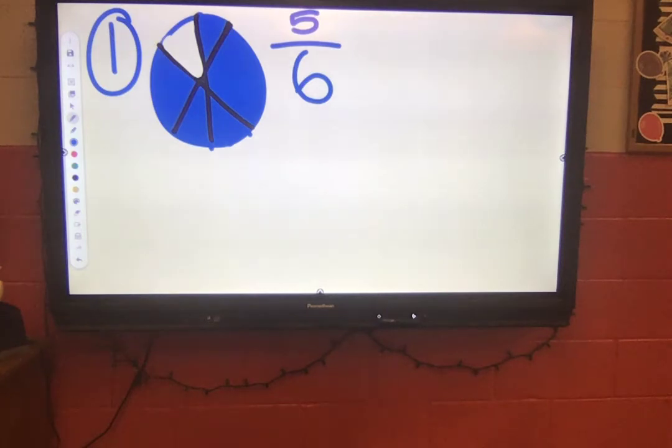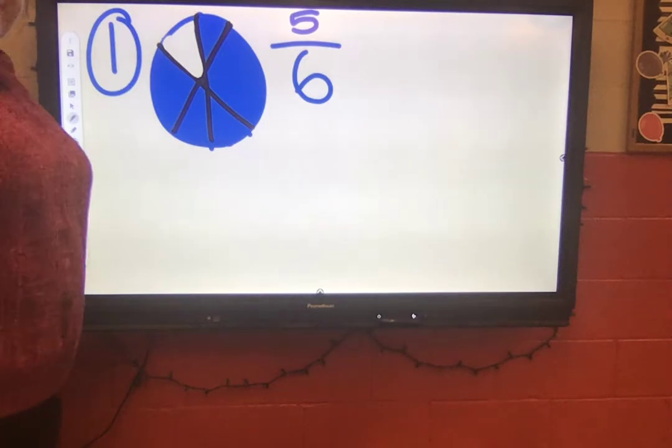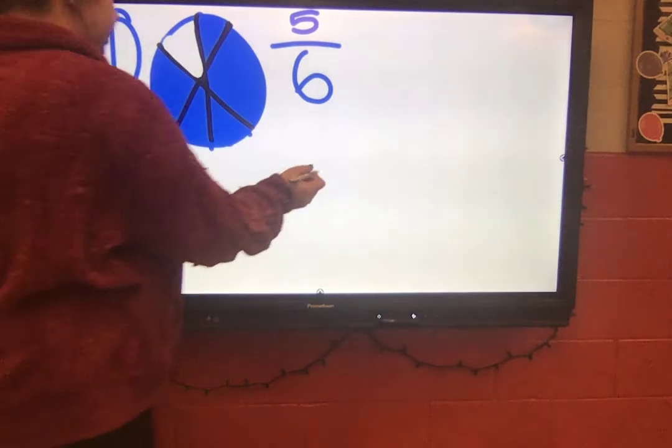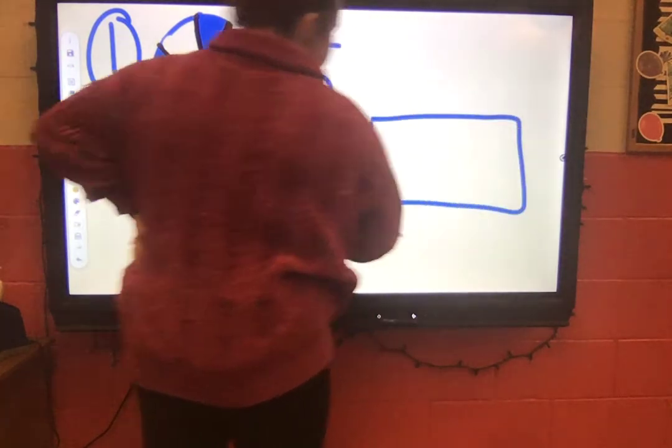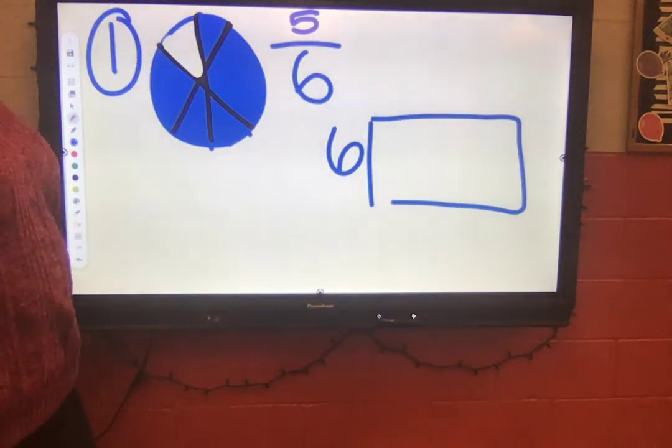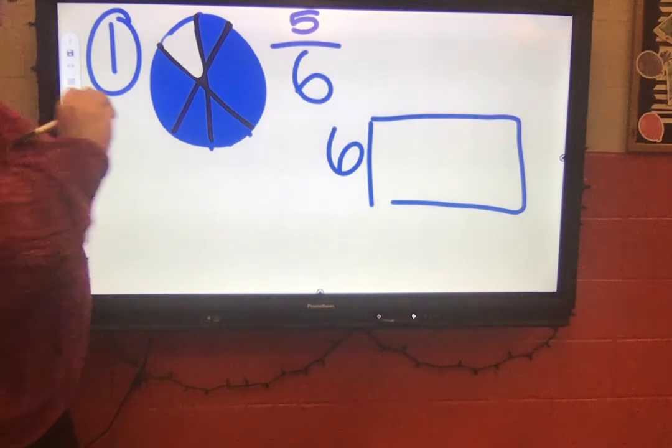Okay, so now we have to figure out the number of degrees. So, that means I need to divide first. 6 divided into the total number of degrees in a circle, which is what? 360.